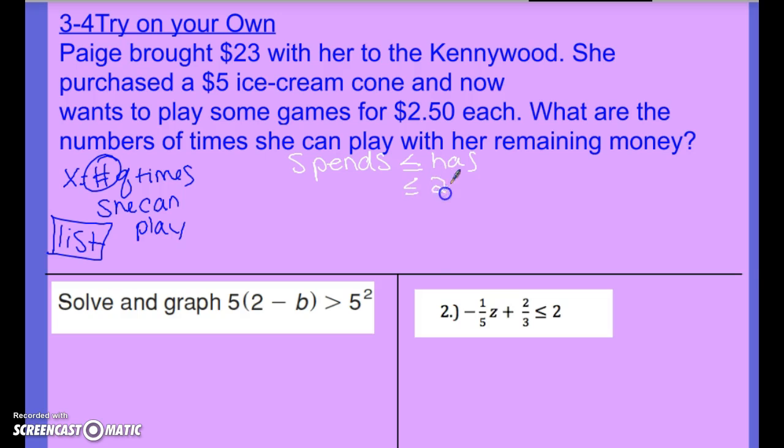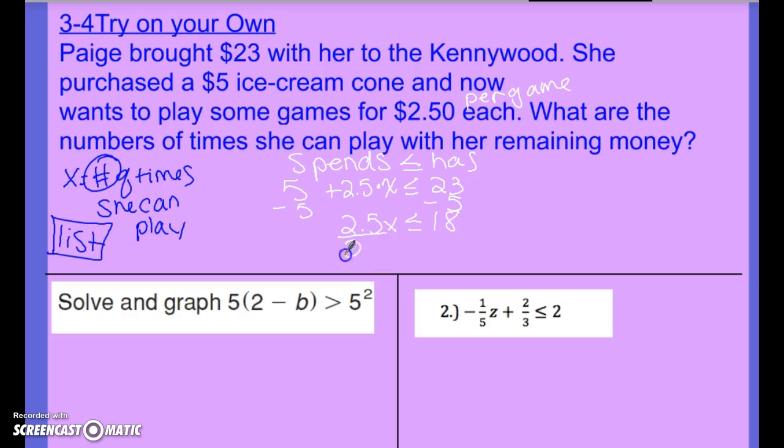And she has $23. She purchased $5, so she spent $5. And now it's $2.50 each, or per game. So I would do plus 2.5 times x. So I would subtract 5 from both sides and get 2.5x is less than or equal to 18.